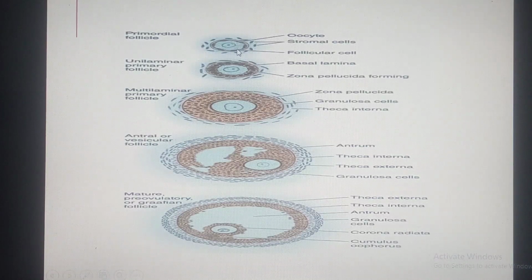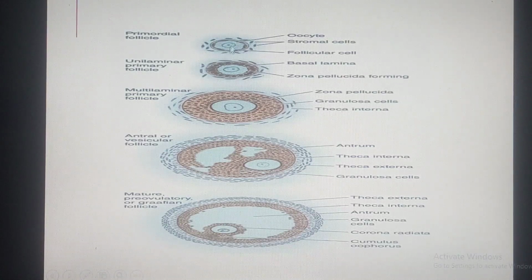Now, under the influence of follicle stimulating hormone, which comes from the anterior pituitary, remember that the hypothalamus releases gonadotropin releasing hormone, which targets the anterior pituitary to secrete follicle stimulating hormone. It is going to stimulate the primordial follicle to go through follicular development.